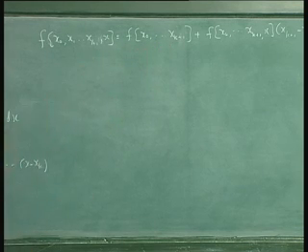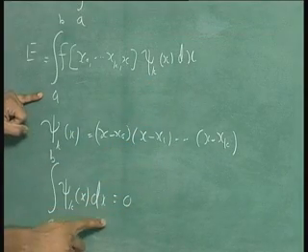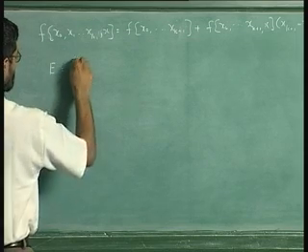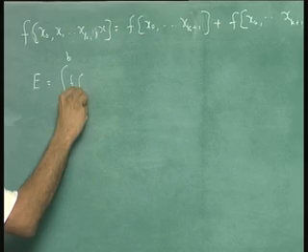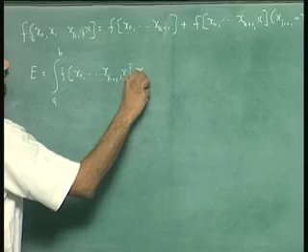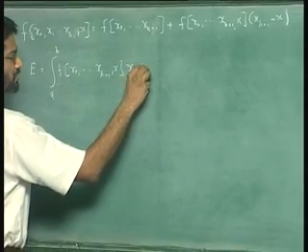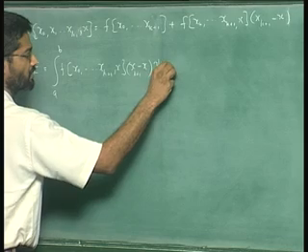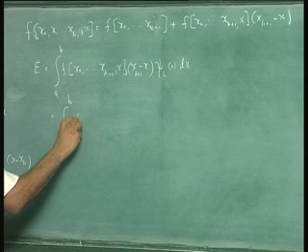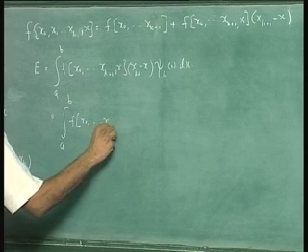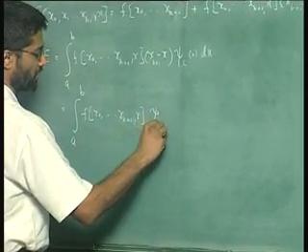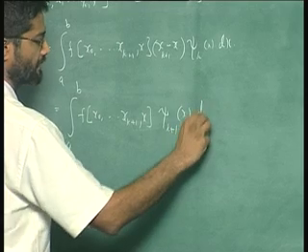So, that constant multiplied by this, using the property that integral psi k dx is equal to 0, leads to the error E as integral a to b f of x0 to xk plus 1 comma x, that is a coefficient, times psi k plus 1 of x dx.